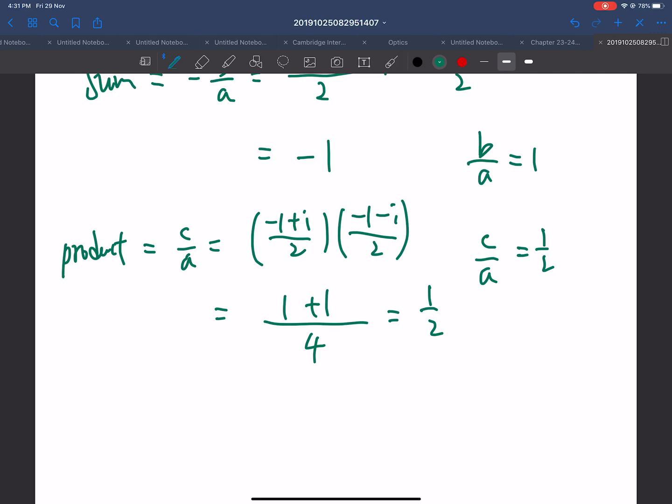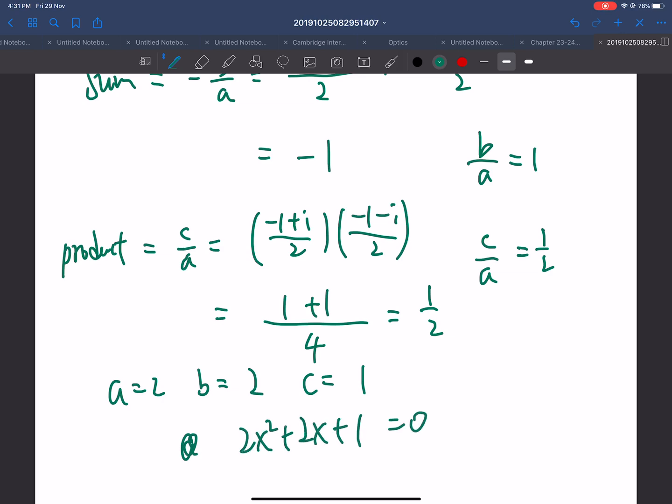Yes. So if A equals 2, B will be 2. C will be 1. Okay? And then that means the quadratic formula is 2x squared plus 2x plus 1.